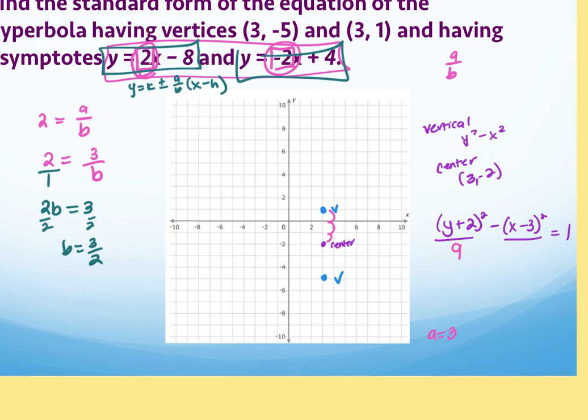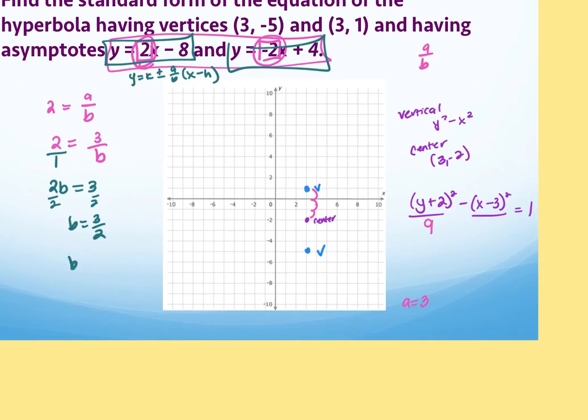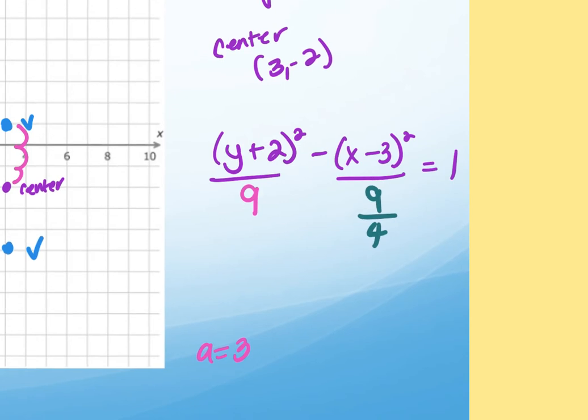So if b is 3 halves, what would b squared be? Good. So this would be over 9/4. Can you leave a fraction within a fraction? No. How do I get rid of that 9/4 in the bottom? Shortcut: move the bottom to the top. So this would be the same thing as times 4 over 9, and then the numerator would get the 4 and the bottom keeps the 9.